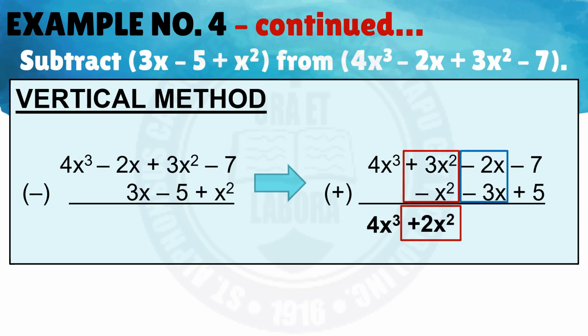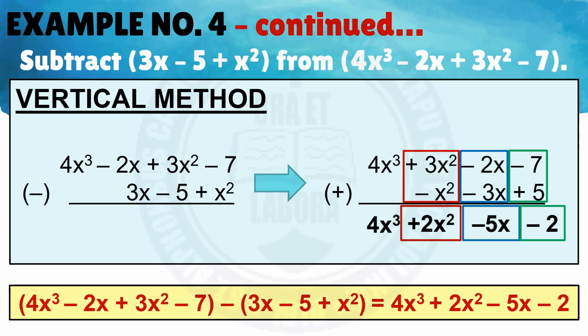We have also negative 2x plus negative 3x, and the answer is negative 5x. Negative 7 plus 5, and the answer is negative 2. So the whole answer for this given would be 4x cubed plus 2x squared minus 5x minus 2.